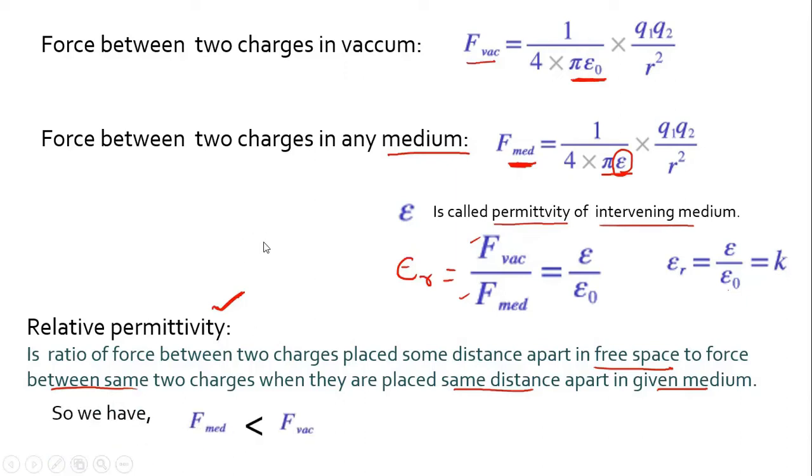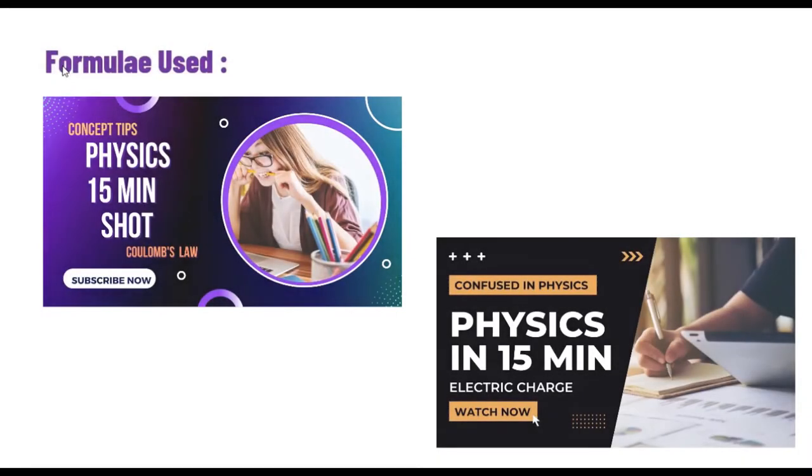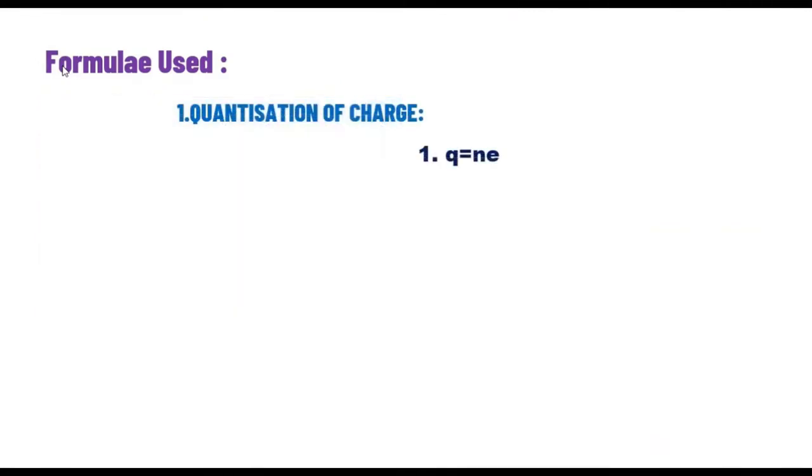The important point is that whenever the same two charges are placed in a medium, the force between them will always be less than the force between the same two charges in vacuum. That means in vacuum the charges experience the greatest force, and in any other medium the magnitude of the force decreases.